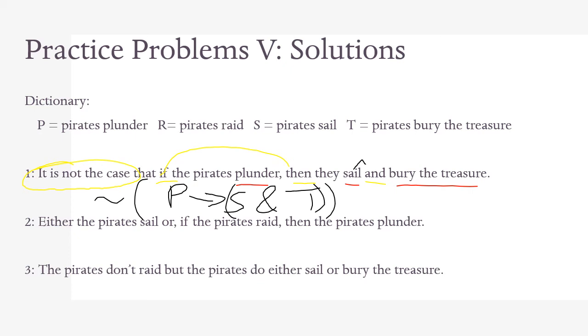So let's move on to the second one. Pirate sail, raid, plunder. We have an either-or, we have an if-then, and that looks like it. So sail, raid, plunder, then an either-or, and then an if-then.